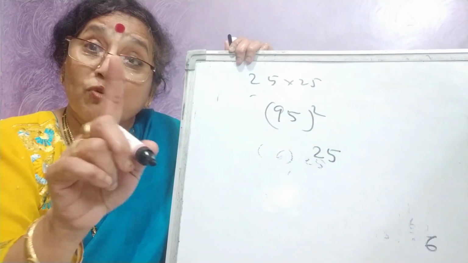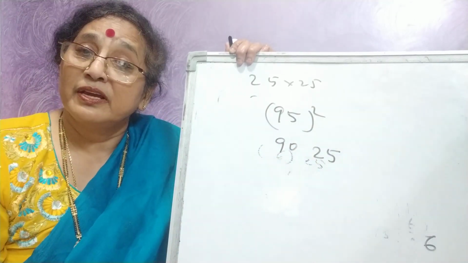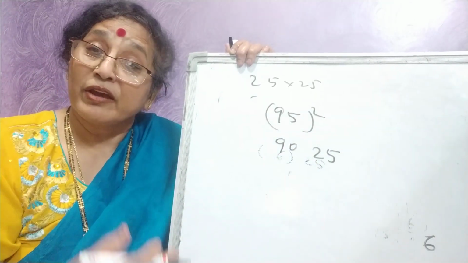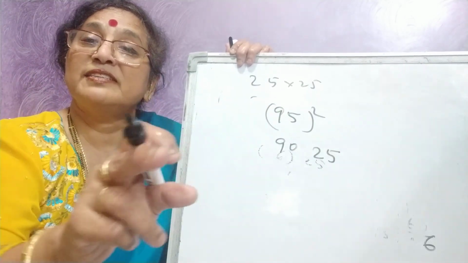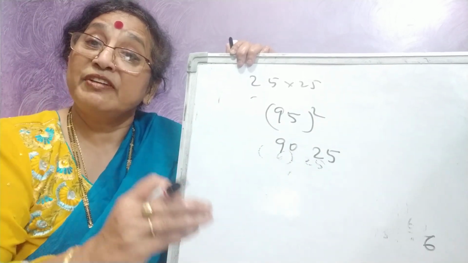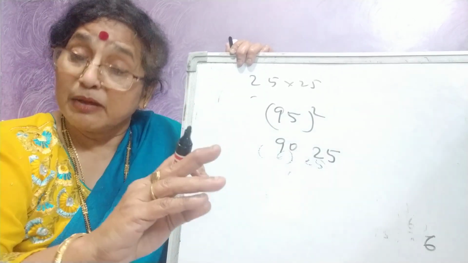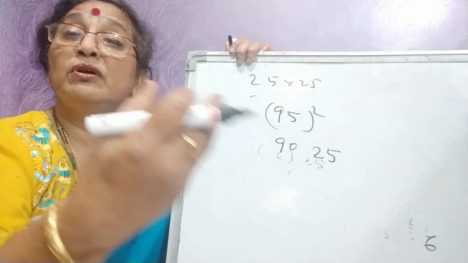And what is the product? Don't add. 9 tens are 90. 9025. So 75 square. The last 2 digits will be 25. 7 8s are 56. 5625. Okay, 85 square. 8 9s are 72. 7225.